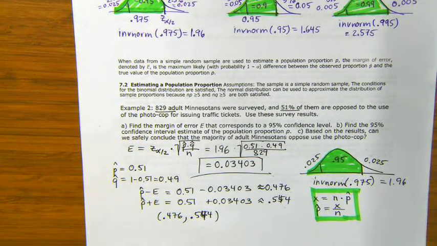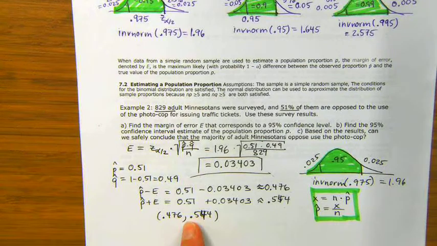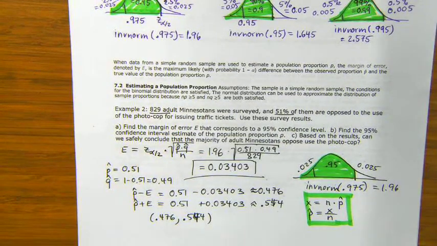Well, what is the majority? The majority is more than 50%. So are we pretty confident that it's more than 50%? 50% is right in the middle here, right? So meaning, smack in the middle pretty much. So it could be less, it could be more. So are we confident?